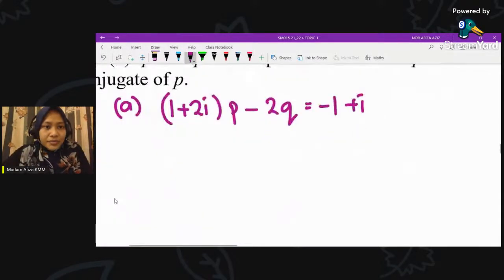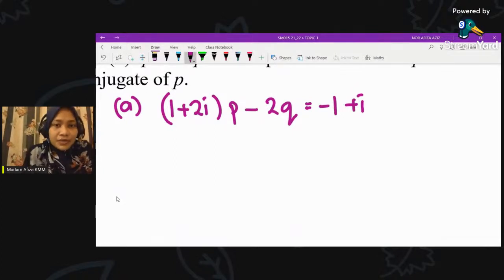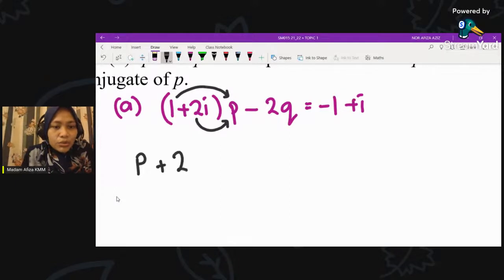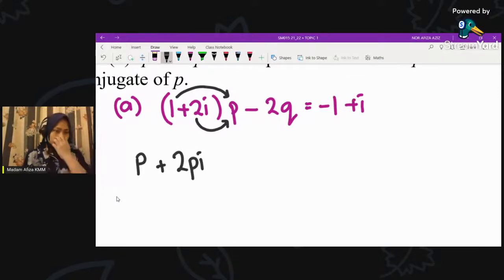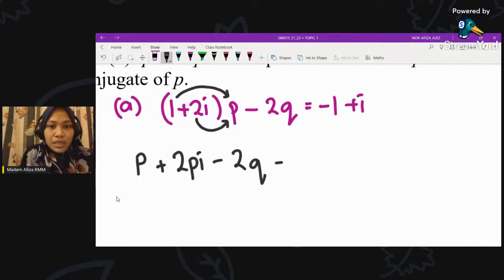First of all, we need to expand this. If I expand, 1 times p is just p, and then 2i times p is 2pi, and then minus 2q equals to negative 1 plus i.